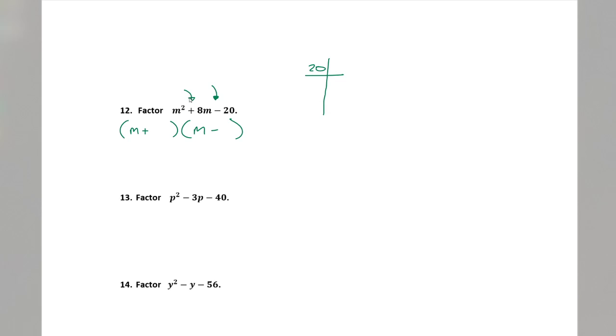And then it's going to add up to be 8. So we're going to have a positive 8, so our higher number will have the positive. So our factors will be 1 times 20. So 20 minus 1, 20 plus -1, positive 19 doesn't match up. We have 2 times 10, and it's going to be -2 because it's a positive 8. So -2 plus 10, positive 8.